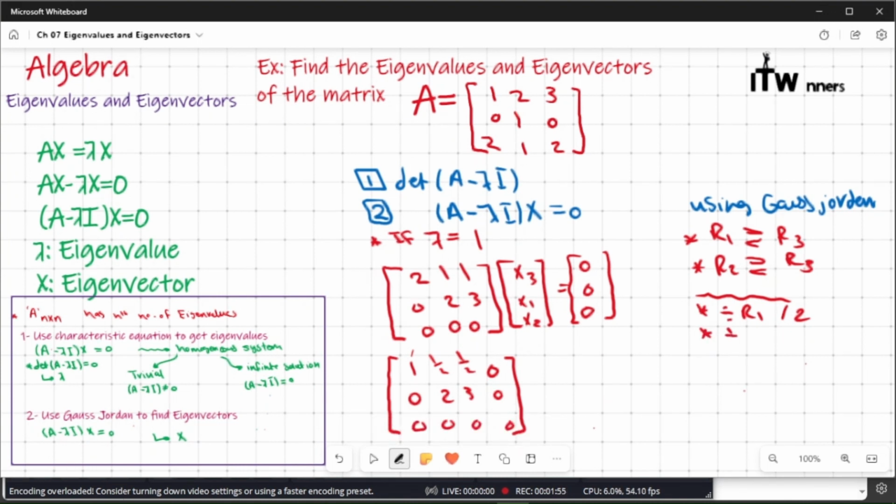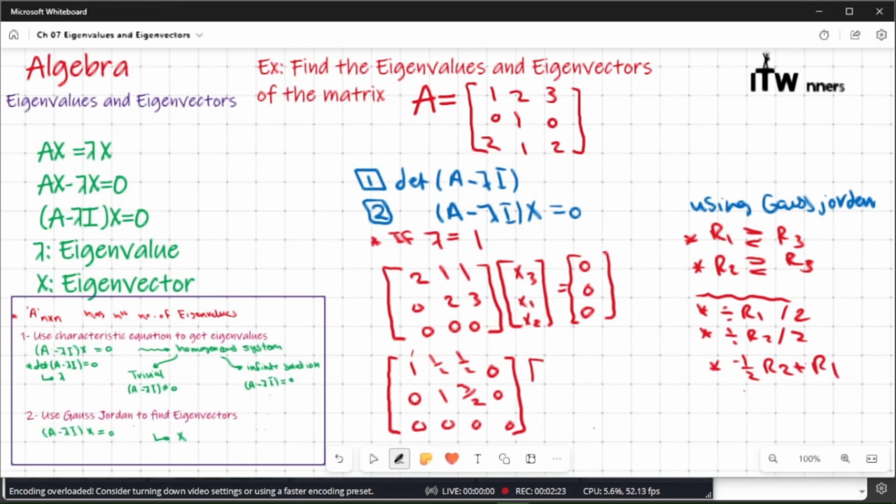Again divide the second row by 2, so we will have just 1, and 3 half. Multiply the second row by negative 1 half, then add to the first row.